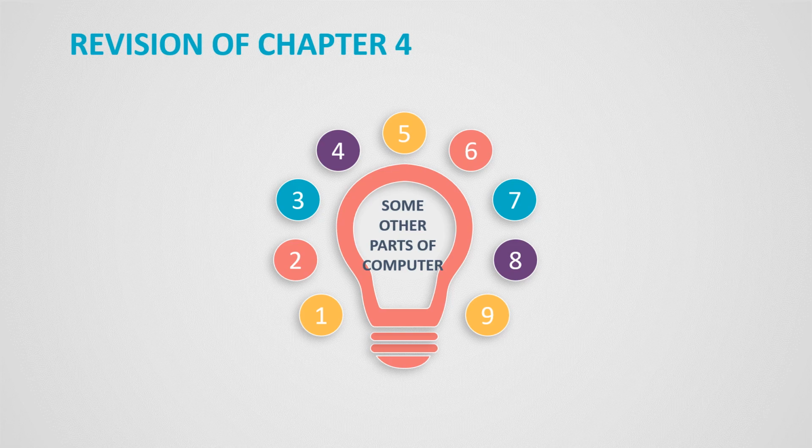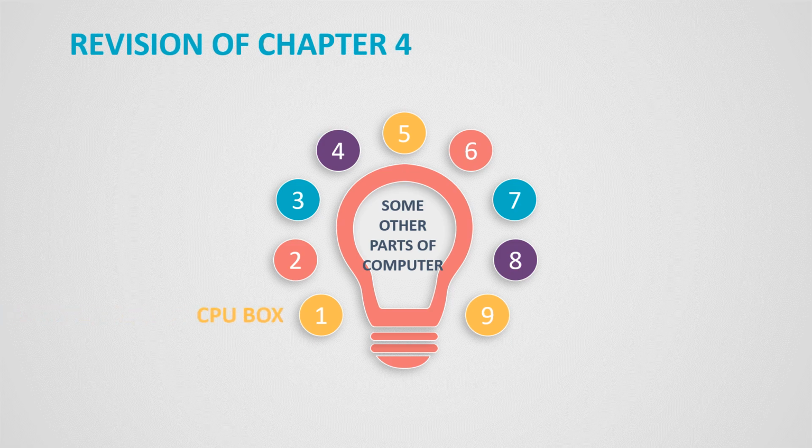In this chapter, we have learned some other computer parts. The parts that are other than the basic parts of the computer. Basic parts of the computer are monitor, keyboard, mouse and CPU. So in this chapter we are going to learn some other parts of computer.